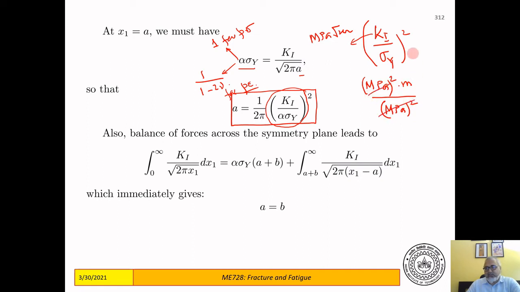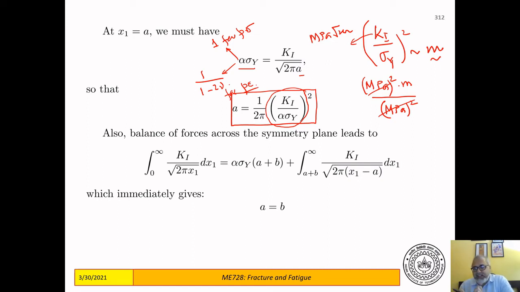So this has units of meter only. So this is a quantity that has units of length, and this is the length scale that is going to govern the size of the plastic zone in front of the crack tip in small scale yielding.